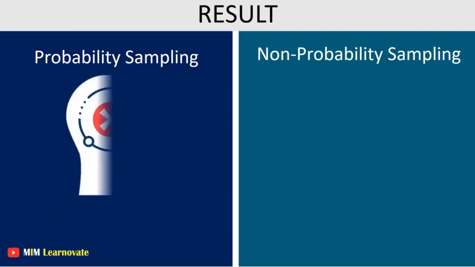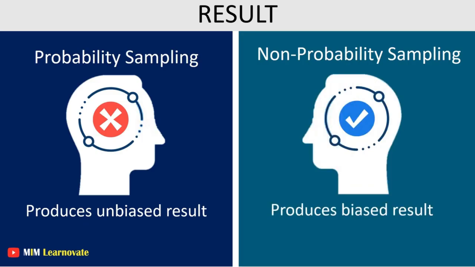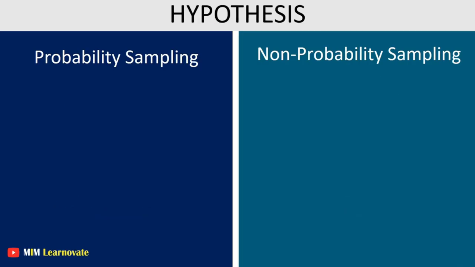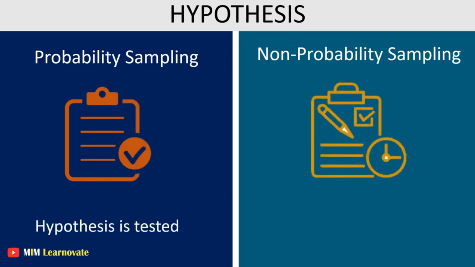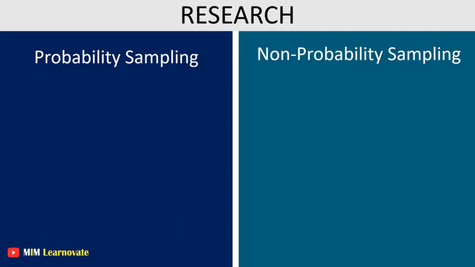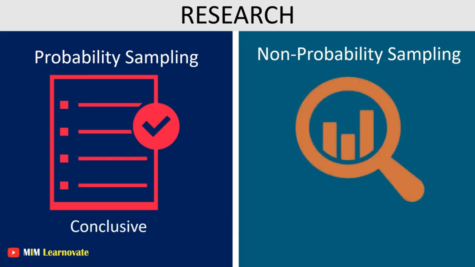Result. Probability sampling produces unbiased results, whereas non-probability sampling produces biased results. Hypothesis. In probability sampling, hypothesis is tested. On the other hand, in non-probability sampling, hypothesis is generated. Research. In probability sampling, the research is conclusive, while in non-probability sampling, the research is exploratory.